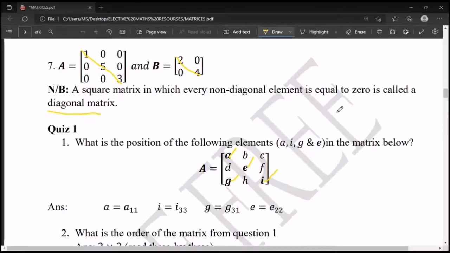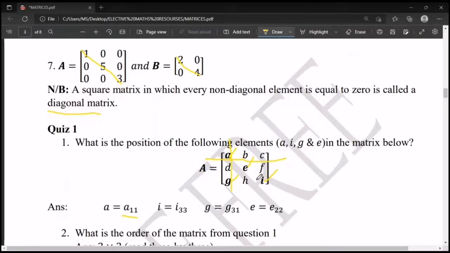The answer for A. What is the position of A? We read matrix by rows and column. So the A is at row 1, then position column 1. We have it here. What of I? We determine the position by rows and column.